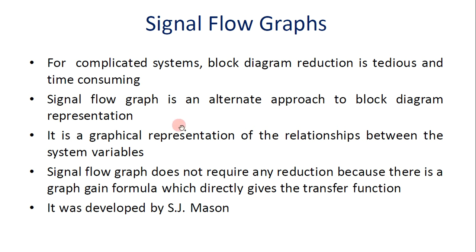In the signal flow graph, we represent a system using a graphical representation of the relationships between the system variables. Unlike block diagrams, a signal flow graph does not require any reductions, because there is a direct formula which gives us the transfer function if applied properly. The signal flow graph concept was developed by S.J. Mason.